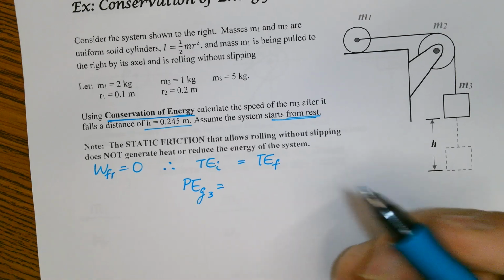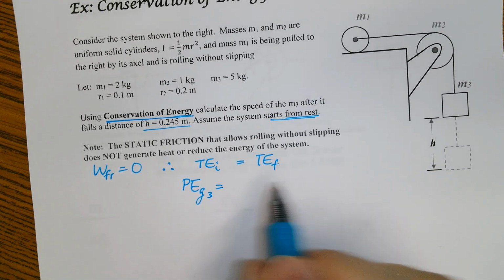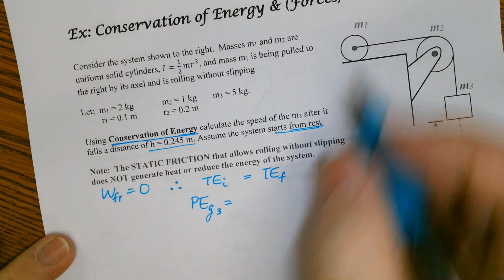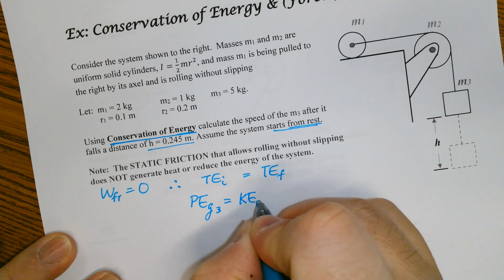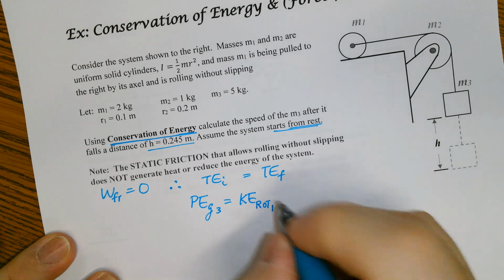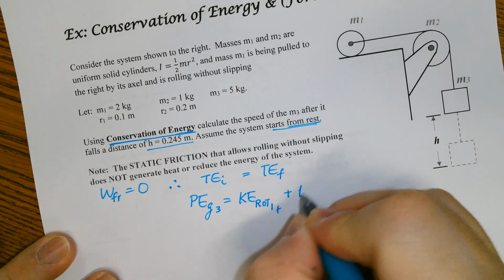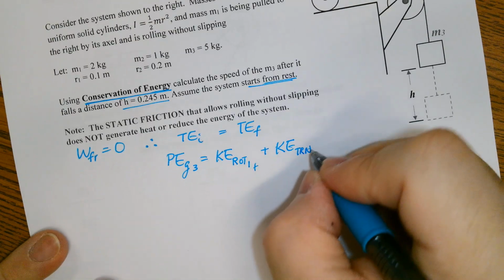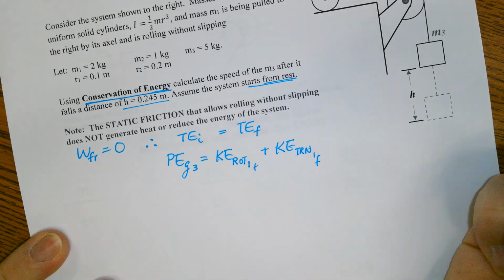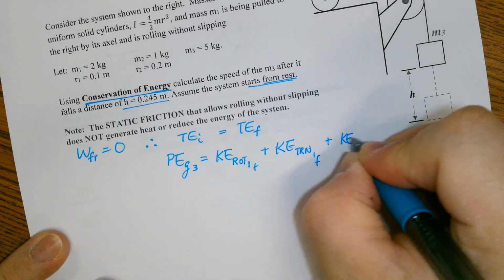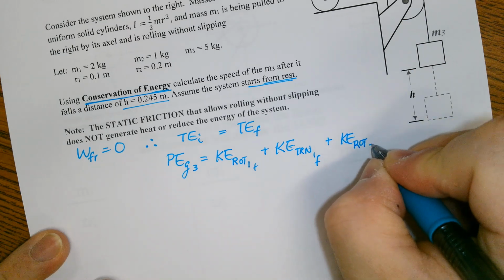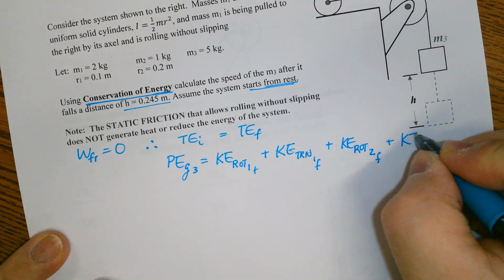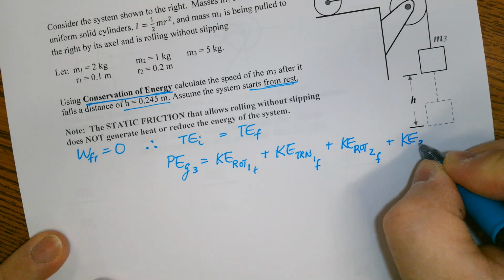Then, for total energy final, after this thing has fallen this much, I have kinetic energy rotation for mass 1 final, plus kinetic energy translation of mass 1 final, plus kinetic energy rotation of mass 2 final, plus kinetic energy of mass 3 final.